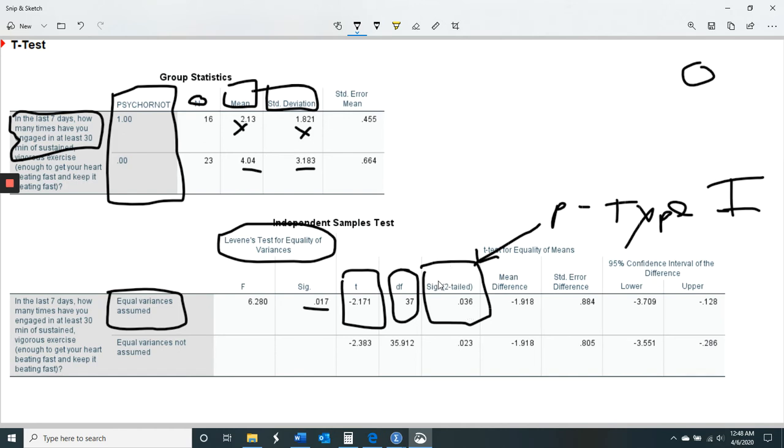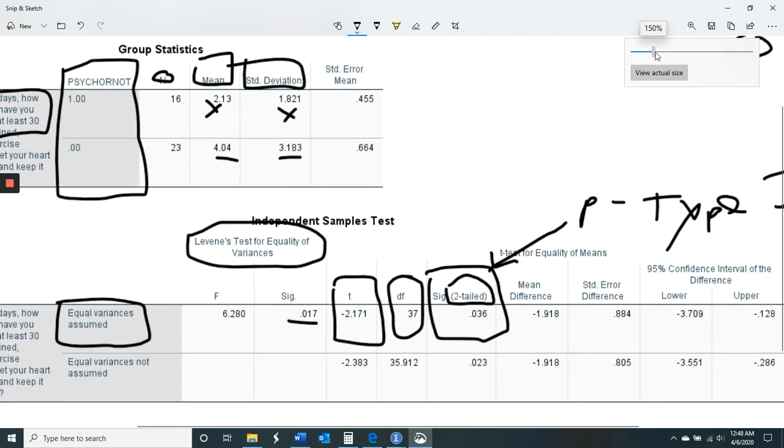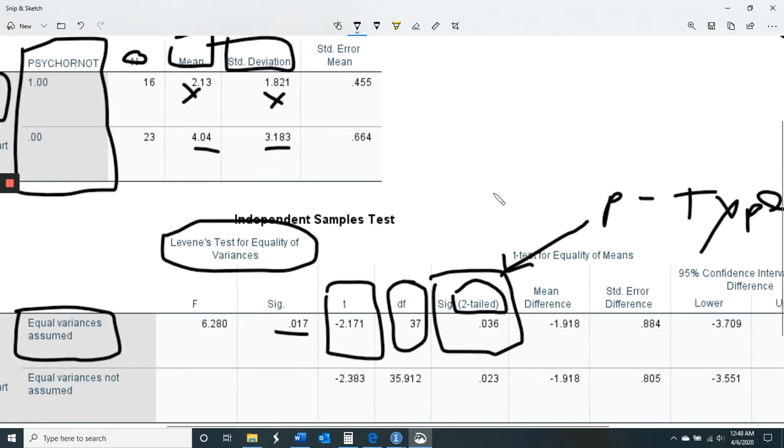However, there's a little bit of a trick here. I don't know if you can see this, and I will zoom it a little bit, I think. I'm going to zoom this a little bit, and you can see that it says two-tailed. So if it's two-tailed, we have a problem because we want to make one-tailed predictions, because we're making a prediction that is going to be higher or lower.